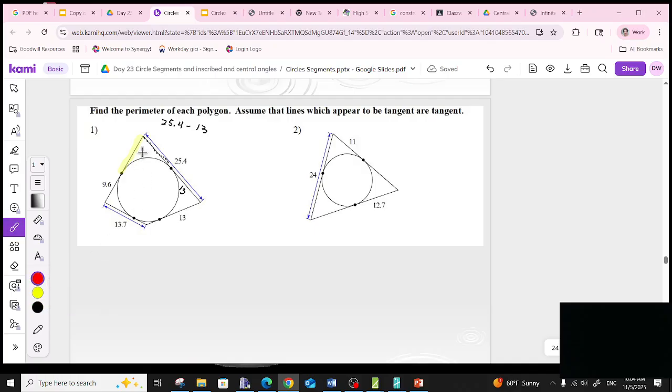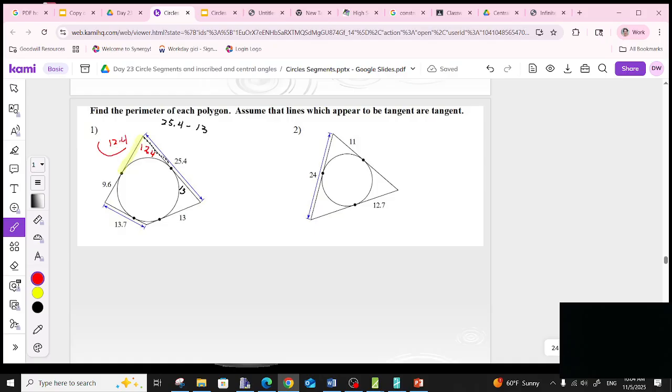What's 25.4 minus 13? Can't be 12. 12 point, oh, okay. 12.4. So now can I find what this piece is here? This is 12.4.